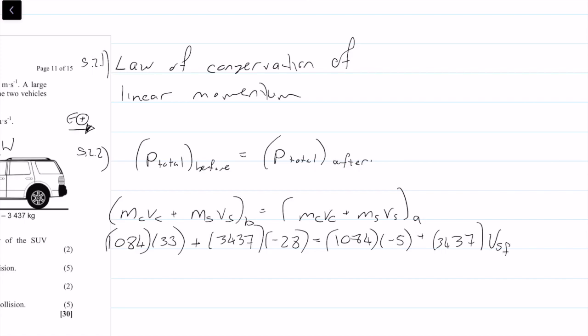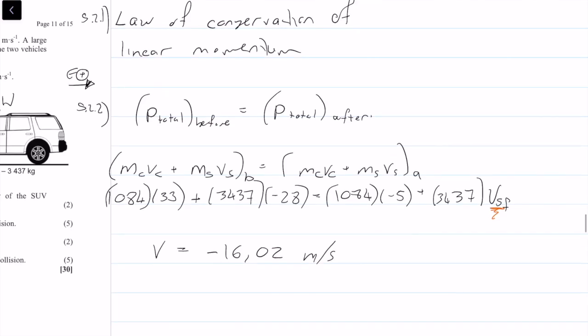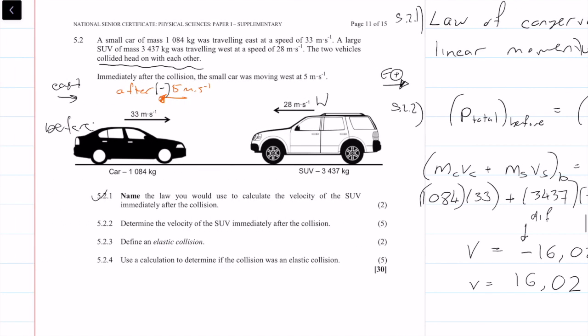Okay, if we look at this equation, the only unknown is the velocity of the SUV, so we can calculate that V is equal to minus 16.02 meters per second. The minus is an indication of direction, so we took east as positive, so the negative of that would be 16.02 meters per second in the westward direction. Okay, and we get 5 marks for that. Quite nice.